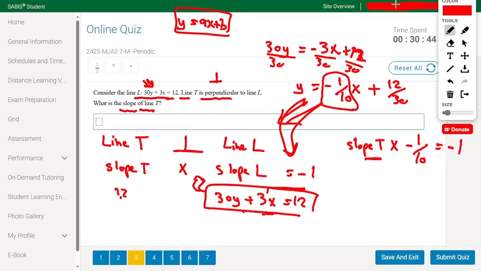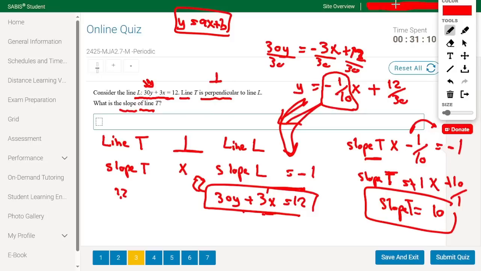So here the slope will equal 1 multiplied by minus 1 multiplied by minus 10 over 1, because we go to the other side, multiply. Minus with minus, so the slope will equal 10. So the answer here is 10.